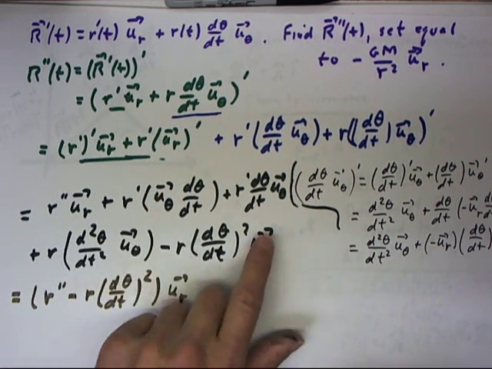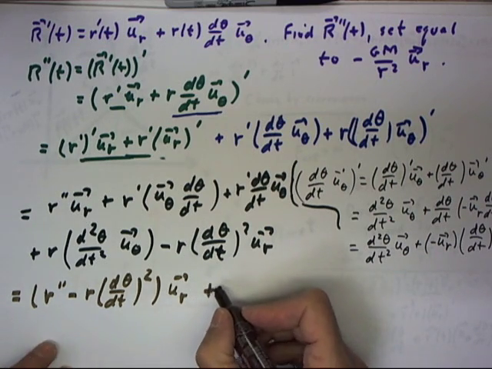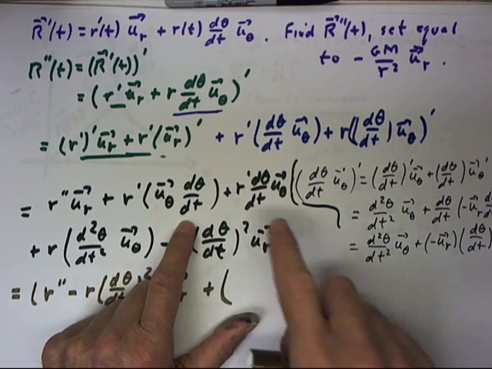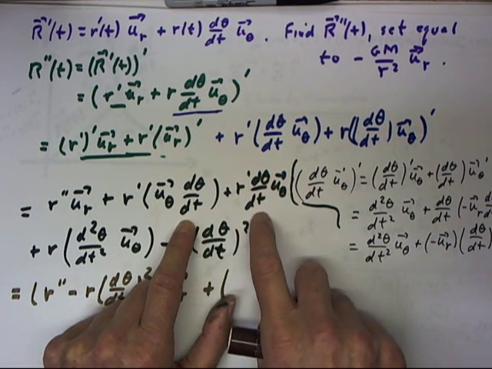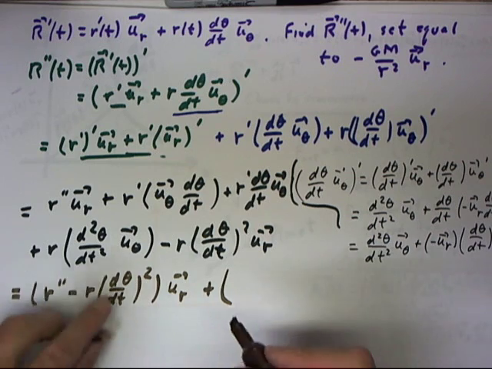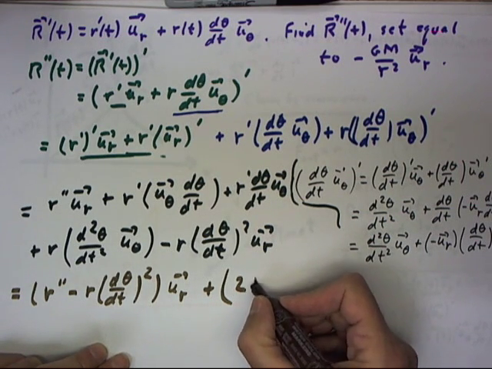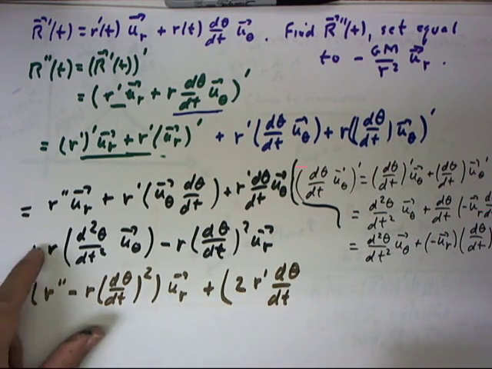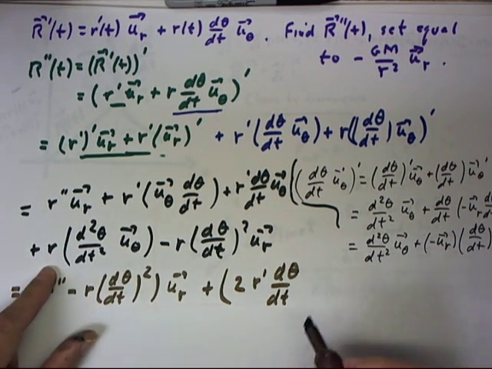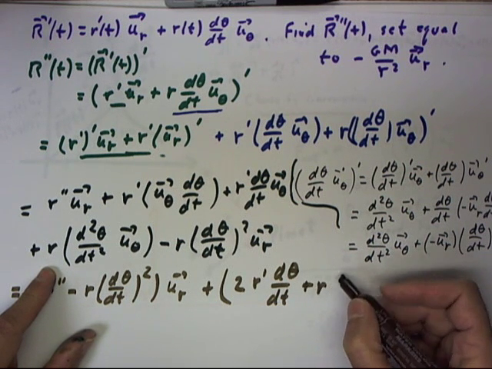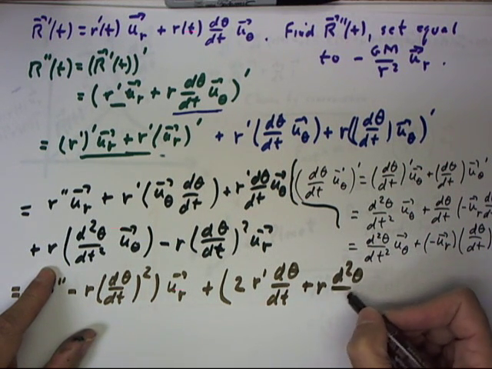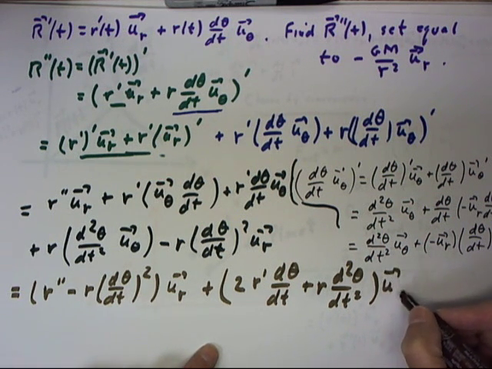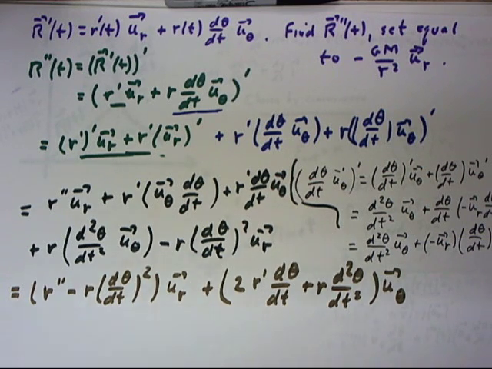Now, pulling out our factors of u sub theta, we have what? R prime times d theta dt, and notice that here we also have an r prime d theta dt multiplied by u sub theta. That gives us 2 r prime d theta dt, and then we have a u sub theta term here, which is just r times the second derivative of theta with respect to t, and that's times our u sub theta vector.